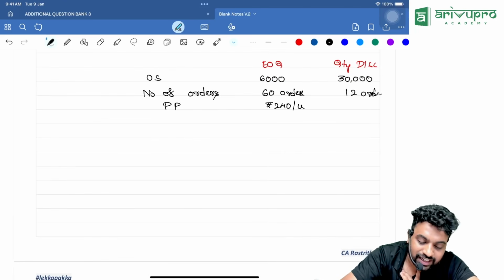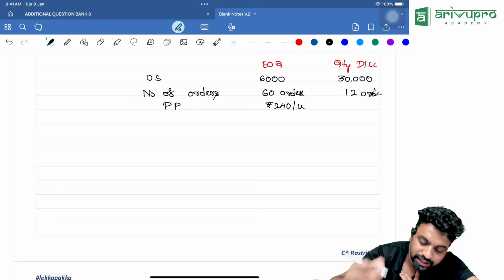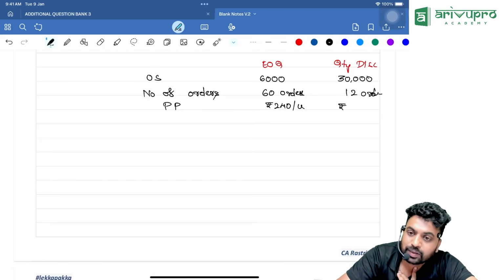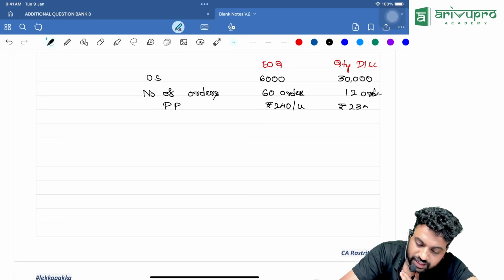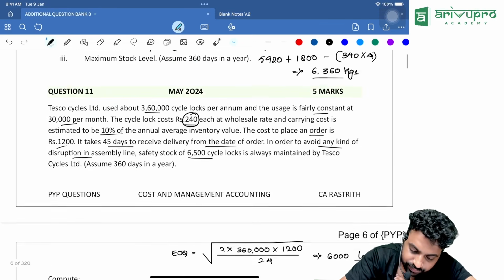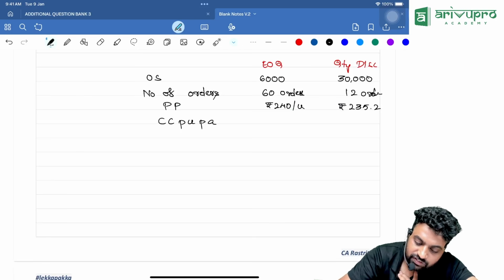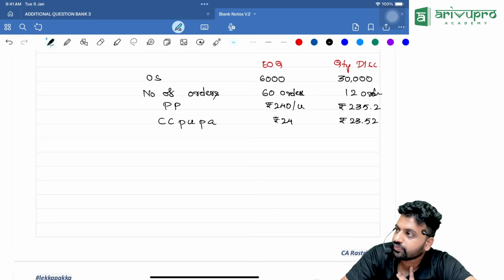In case of quantity discount, they are offering us a discount of 2%. That is 240 minus 2%, which is 235.2. Carrying cost per unit per annum, they are telling 10%. In the first case, it is rupees 24. In the second case, it is rupees 23.52. Got it?